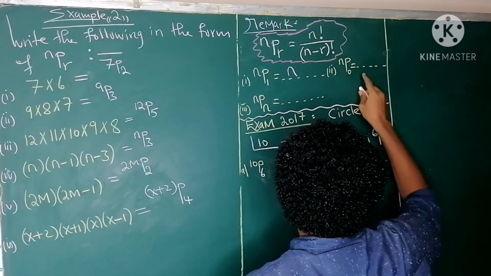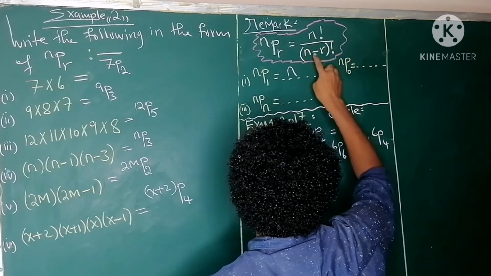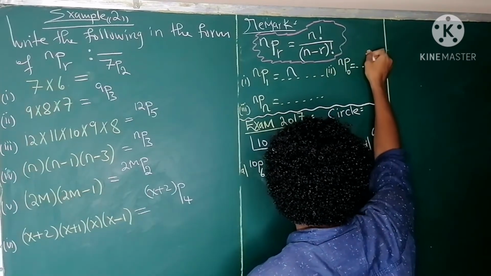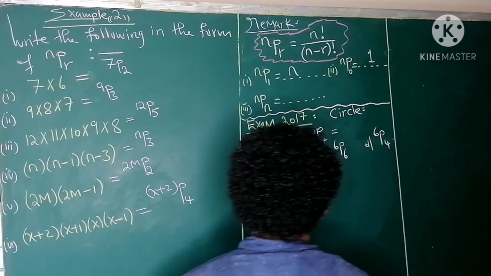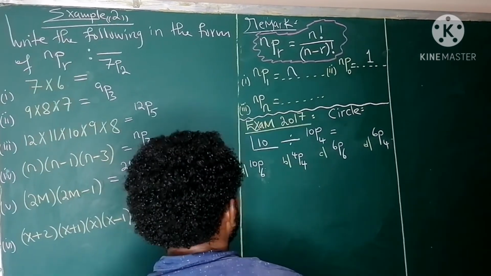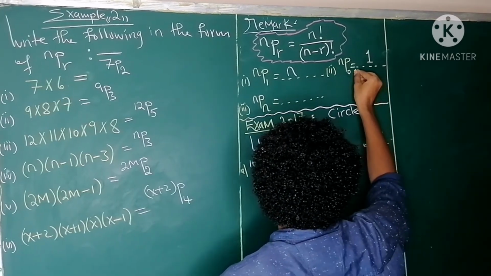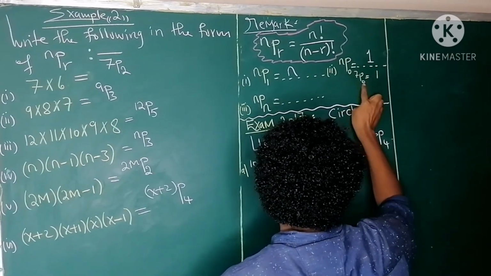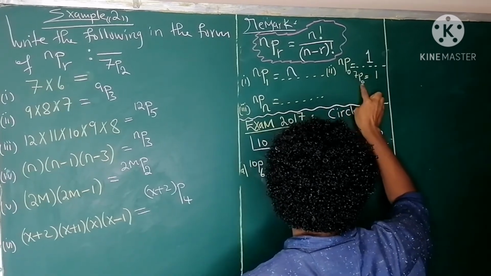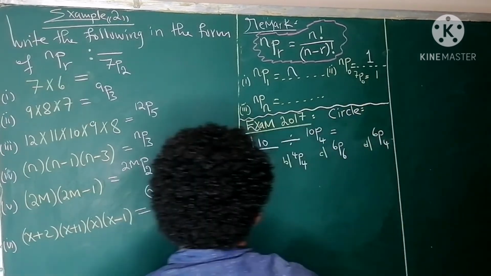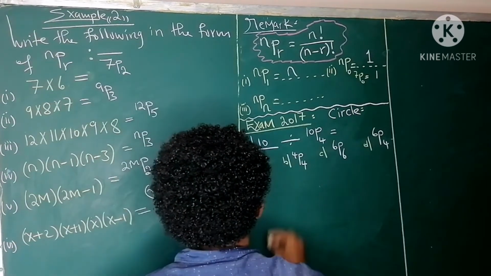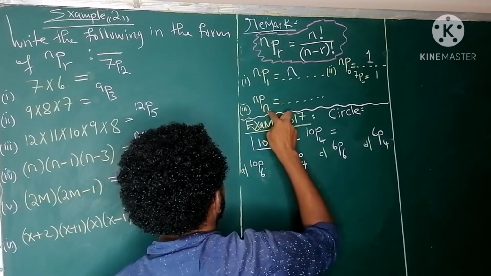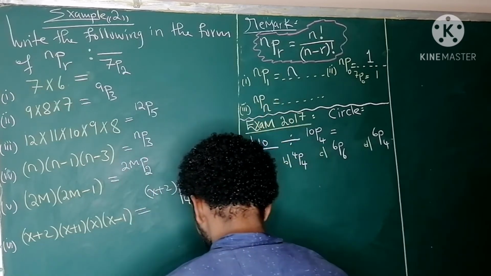nP0, we can also apply this formula. If I put n here, then it will be divided by n minus 0. N minus 0 is just n, so this is always 1. An example of this, 7P0 is 1, 6P0 is 1, 8P0 is 1, and so on. What about nPn? nPn means this number and this number are the same, 5P5, 6P6, 8P8.